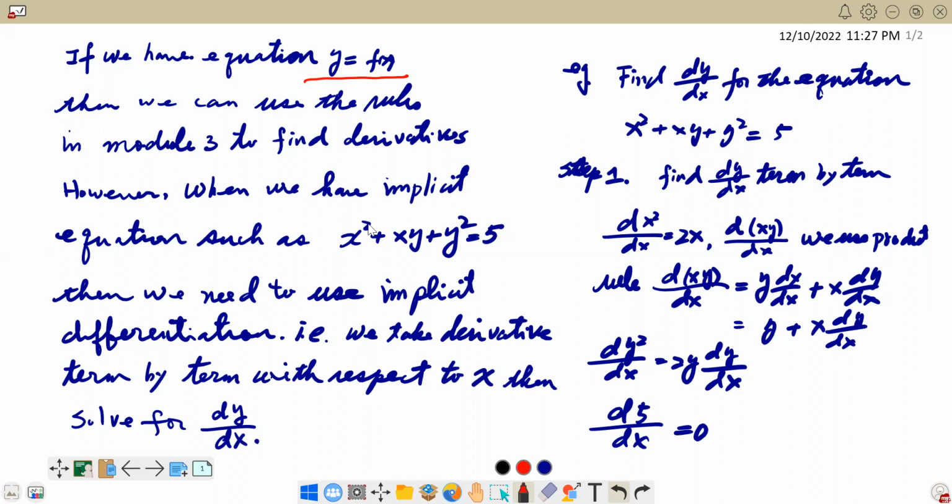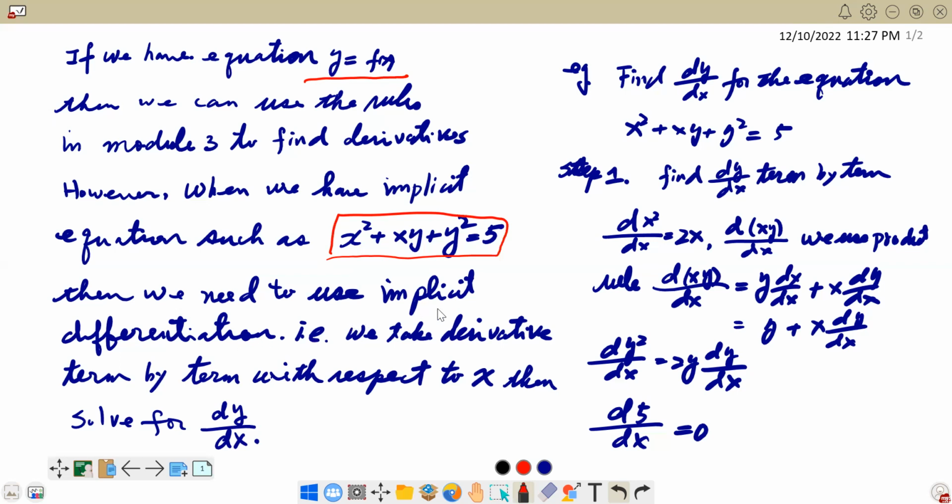However, when we have implicit equations such as x squared plus xy plus y squared equals 5, this is totally different from everything we learned in module 3. Then we need to use implicit differentiation.